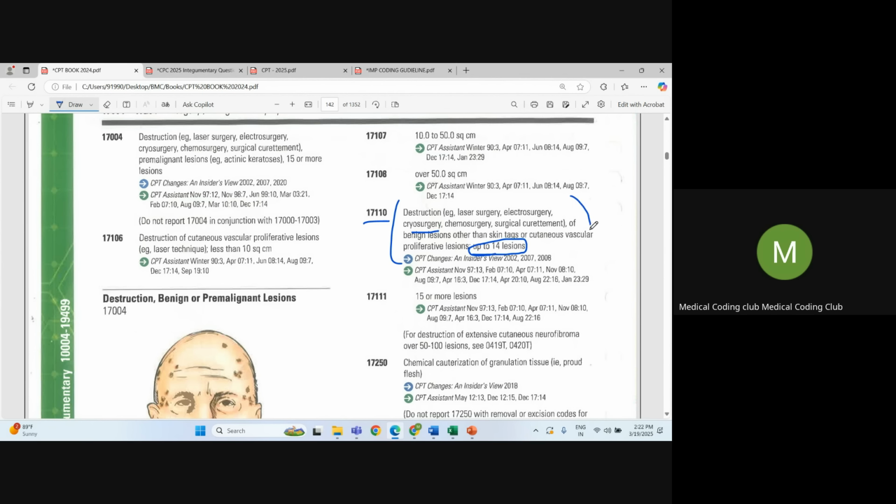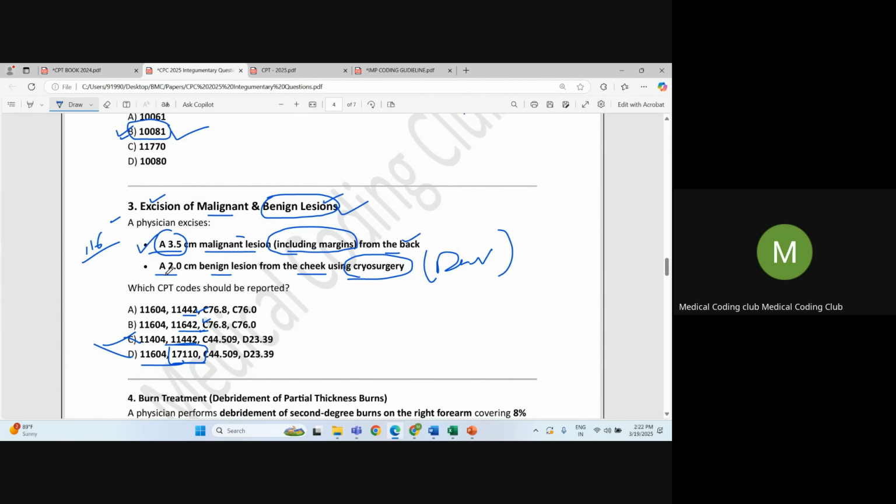In our question, they have taken a 2.2 centimeter benign lesion, a single lesion destroyed using cryosurgery. Up to 14 is covered in 17110. Both codes are correct. Coming to ICD, C44509 is a malignant lesion code, and D2339 is the benign lesion code. So answer D is correct.